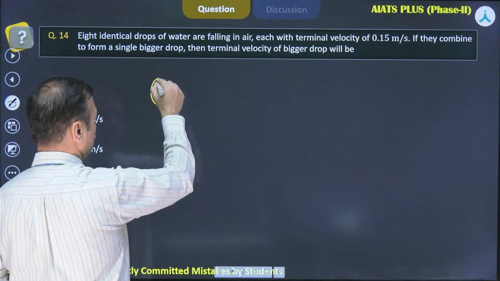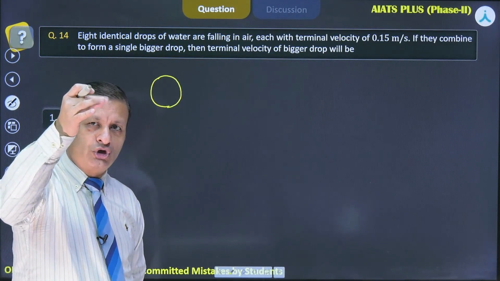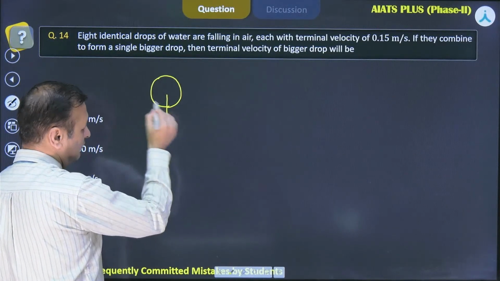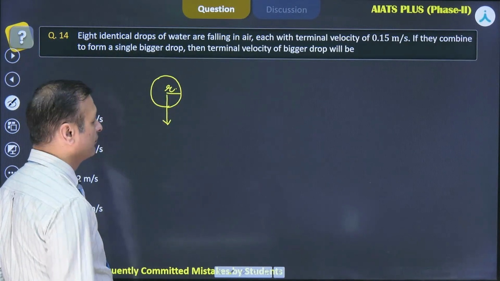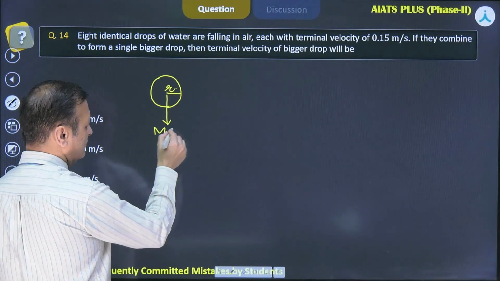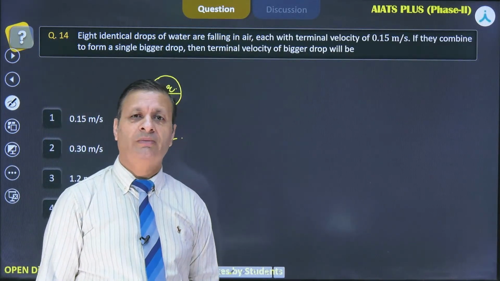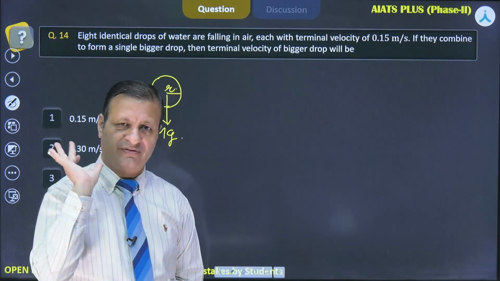So let's suppose you have a spherical body and you just drop this. This is a spherical body, its size may be r. Initially when it starts falling in a viscous medium, it is falling purely because of its weight, gravitational pull. So this is the situation initially.